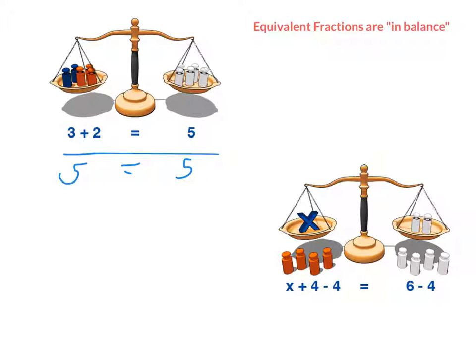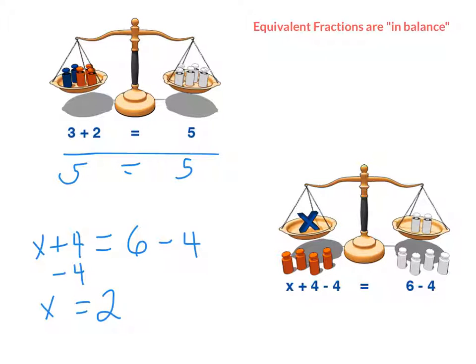But let's say that we had the equation x plus 4 equals 6. Well, we can't make a whole lot out of that. So we've got to make it balanced. And so the first thing we do to make it balanced is we subtract 4 from this one and do the same over here. So now we have x equals 2.